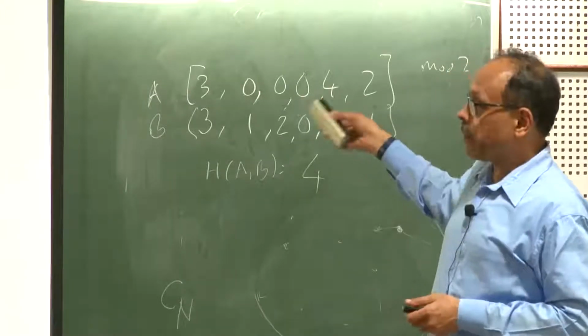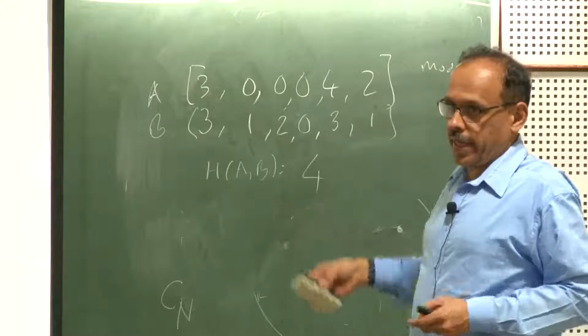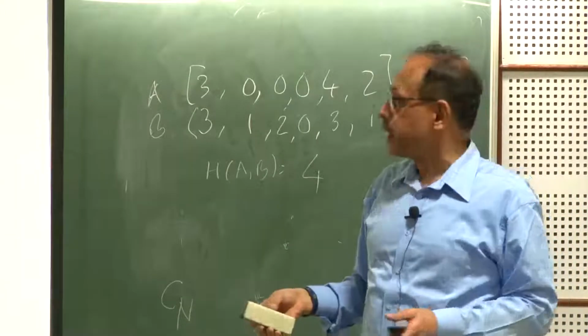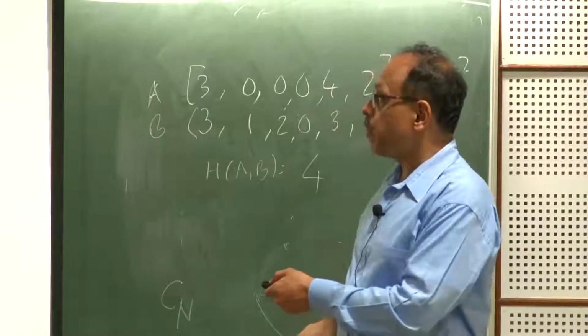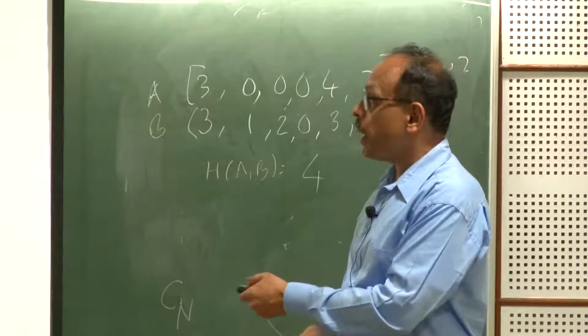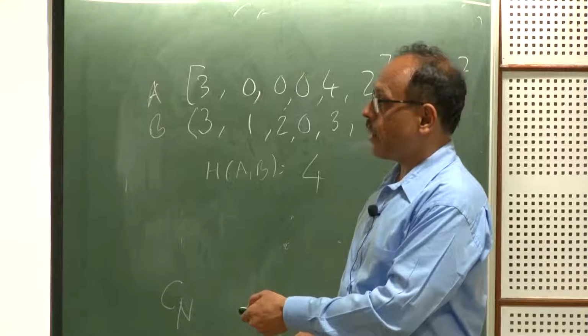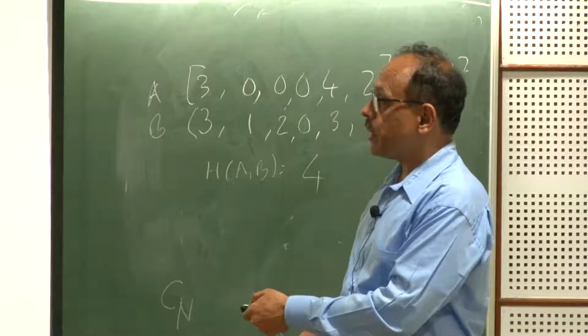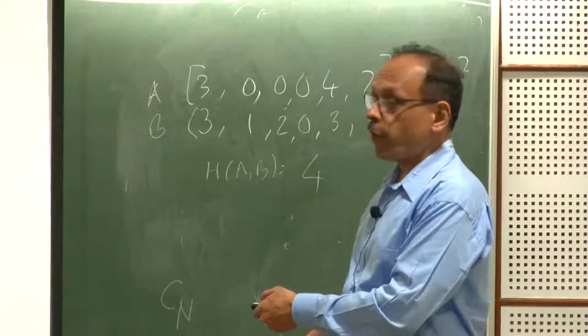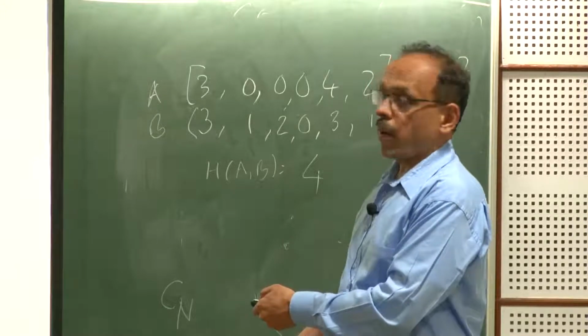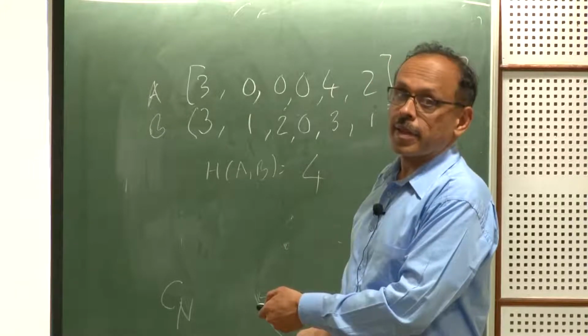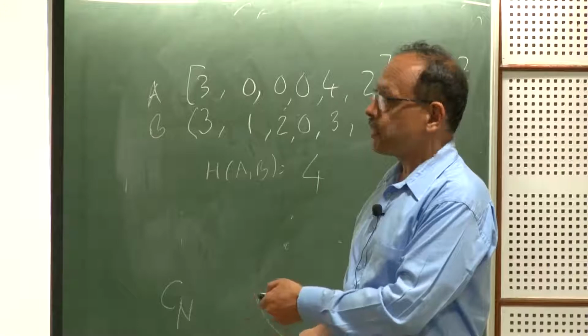I'm giving an example here over a bigger alphabet, which is Z7, but in the case of binary blocks, the distance between two binary blocks A and B is the same as the weight of the exclusive OR sum of these 2 vectors. Can you prove this result yourself?